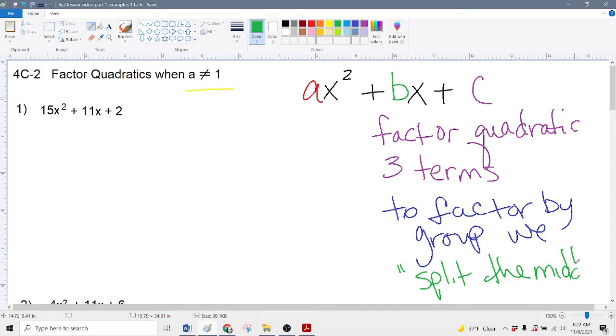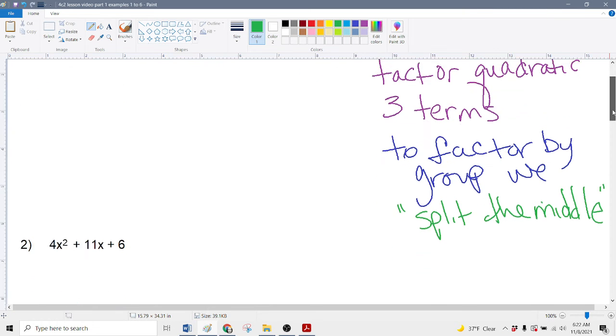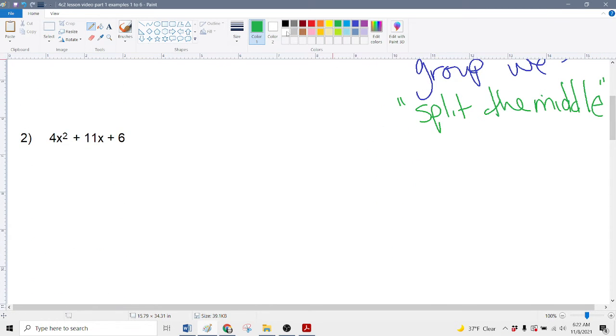Okay, and our middle term, that's our x term, right? And the way that we're going to split that middle term is we're going to play the numbers game. The numbers game tells us what those 2 different x values are that we're splitting to.